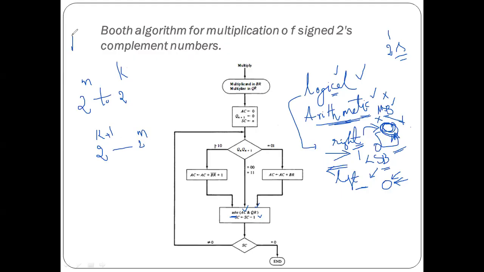Any 2's complement number can be represented in this way. When such a number is multiplied by the multiplicand, it is enough to shift the multiplicand left by the power of m, and shift the same multiplicand left by the power of k plus 1, and then they are added together or subtracted to get the corresponding product. Okay. So this base is used for the Booth algorithm, right?